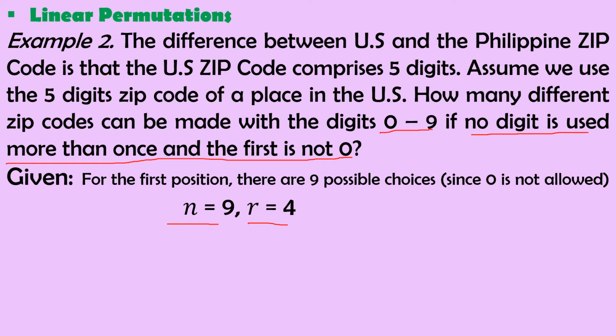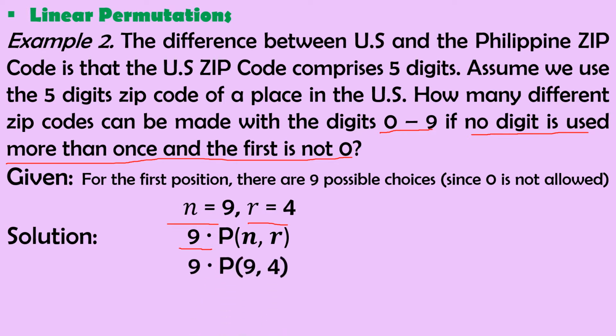So let us now use the formula of permutation, but we have to insert here 9. So 9 multiplied by permutation of n and r. So let us first copy 9 and then substitute the value of permutation of n and r. The value of n is 9 and the value of r is 4.